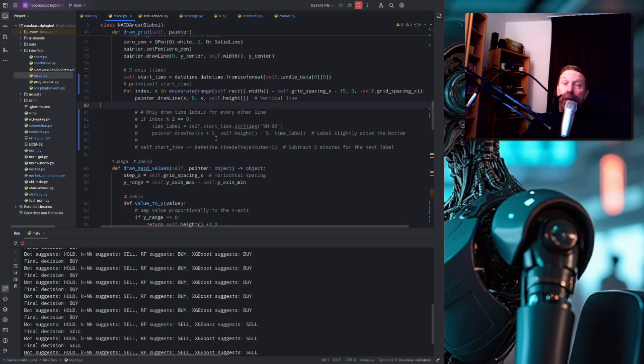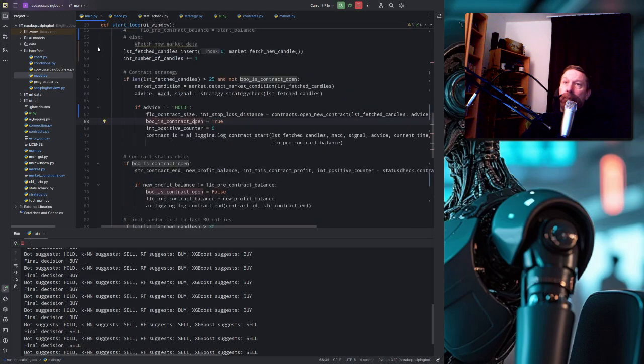Did I change anything more in the code? No, I did not. But I'm going to show you the main.py, and you see that the cursor is blinking on bool_contract_open true, because today I saw again that there were multiple contracts open in the bot, and I was wondering why.